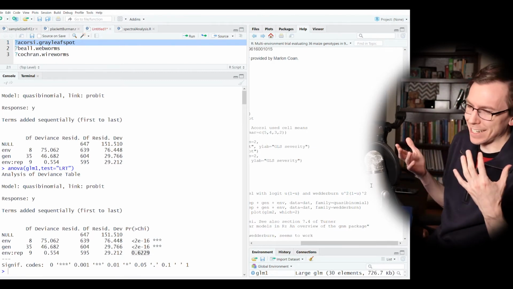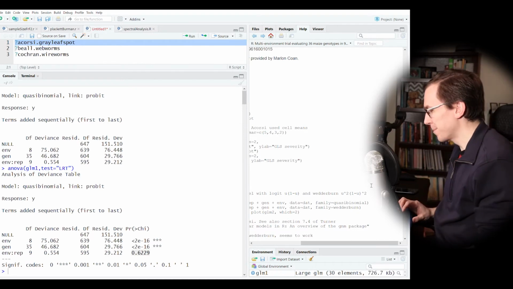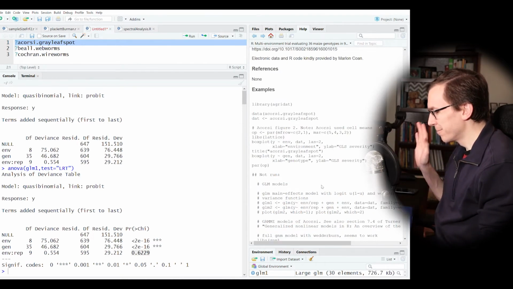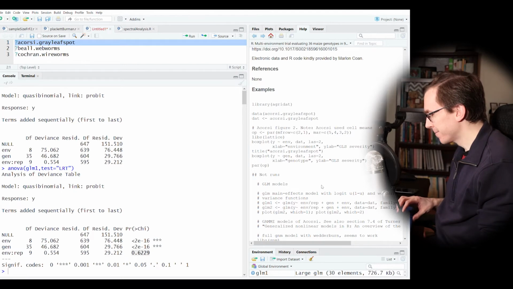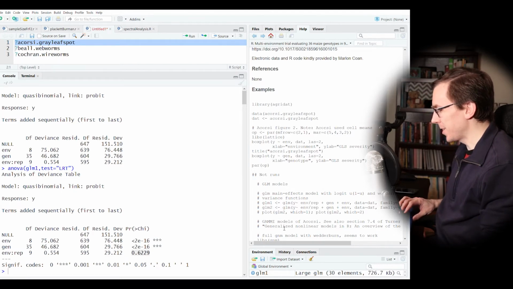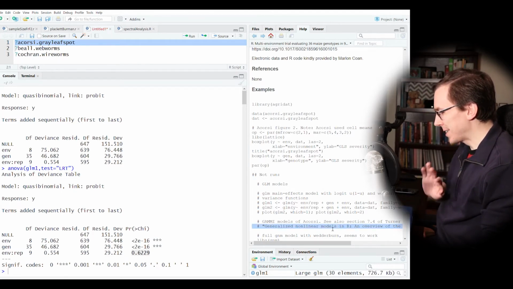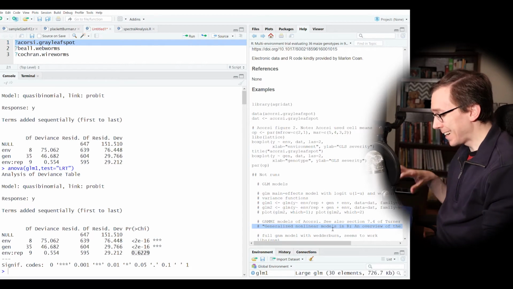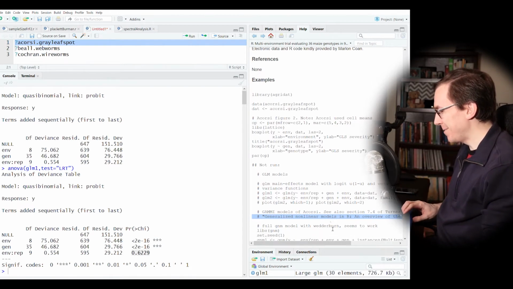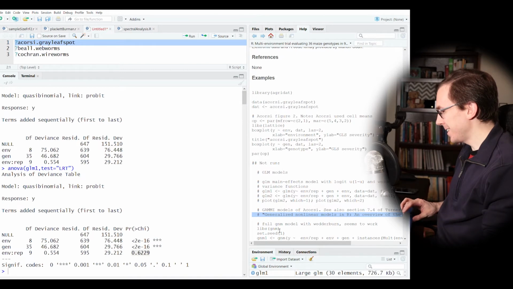So again, there's lots of different links that you can use to try to bring these things together. But I'm not going to go through more of them now. They also use generalized nonlinear models, which is a whole other thing, which we're not going to talk about in this course. But if you're interested, you can go see the gnm package.